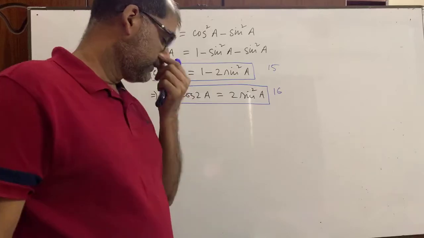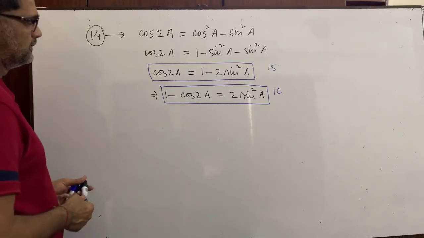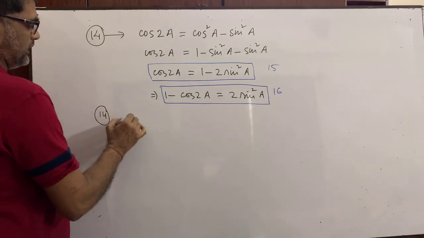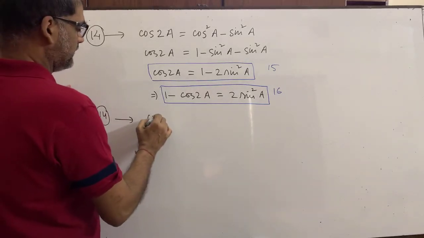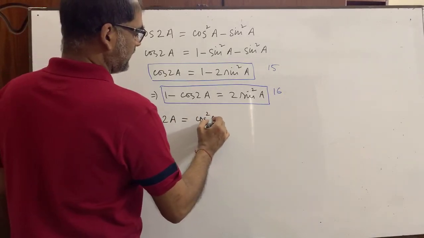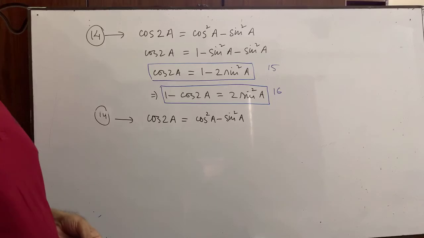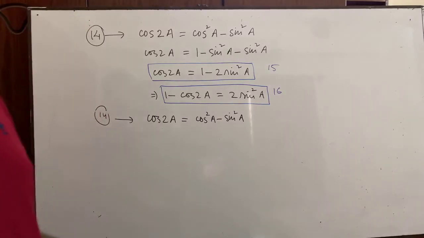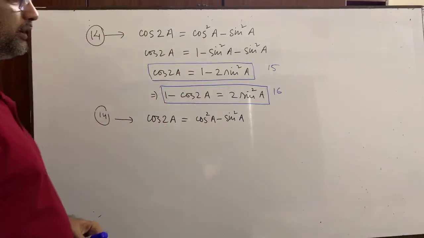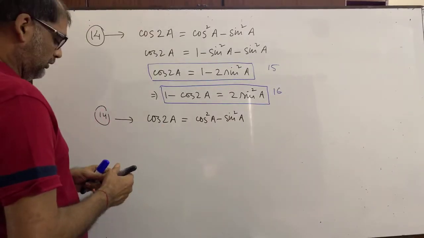Okay. Again, we can write from 14: cos 2a is equal to cos square a minus sin square a, right? That means here we have converted cos square into sin square. Now we will convert sin square into cos square. You see how it comes.